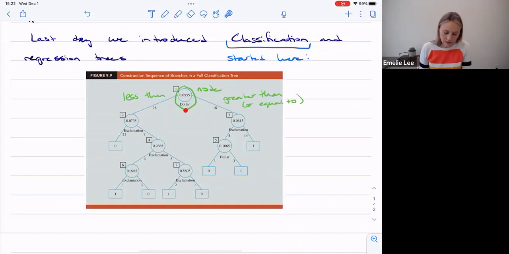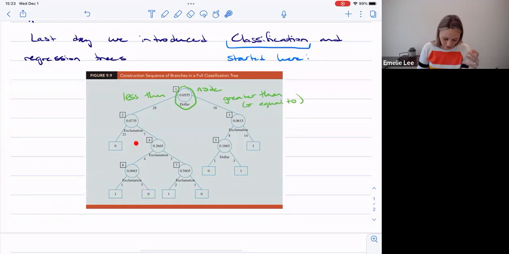Okay, so we looked at the proportion of dollar signs and the proportion of exclamation marks. If there are fewer than 0.0555 dollar signs, there were 28 of those, then we check for exclamation marks. If there's fewer than 0.07335, then we classify them as zeros because 21 of those were all zeros, and now there's zero impurity here because they are all of the same class. We had to go a little bit deeper, or a lot deeper, to tease out the ones from the zeros.